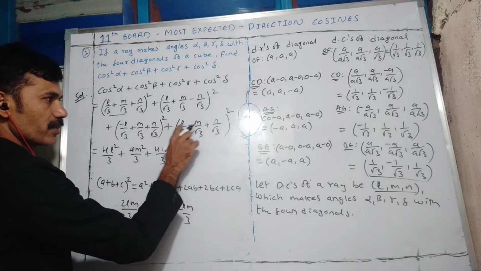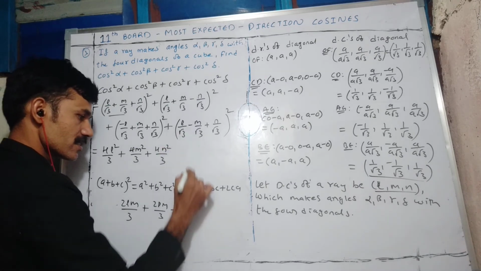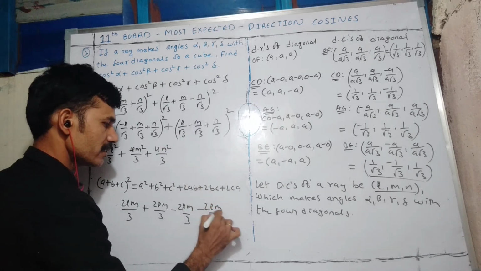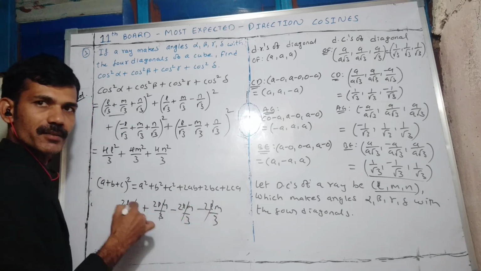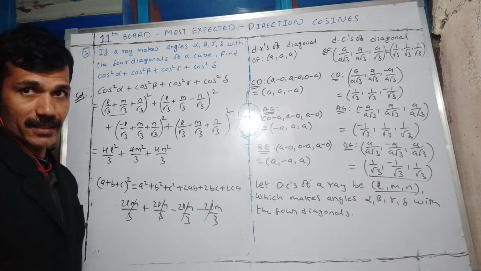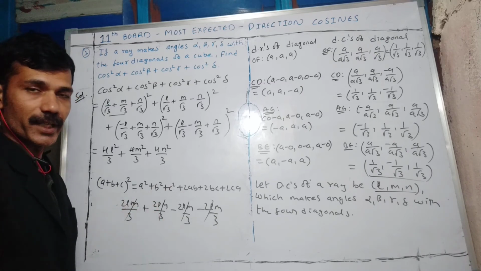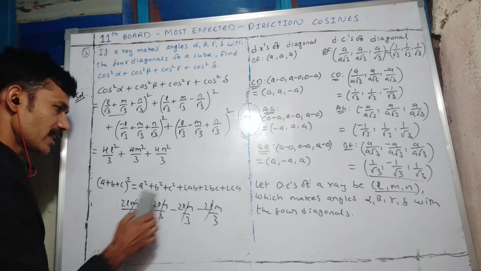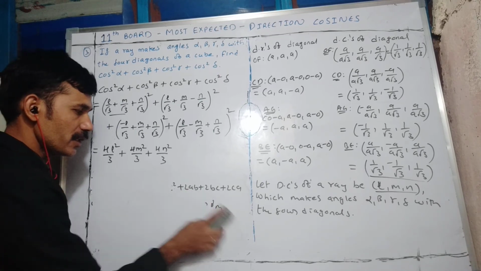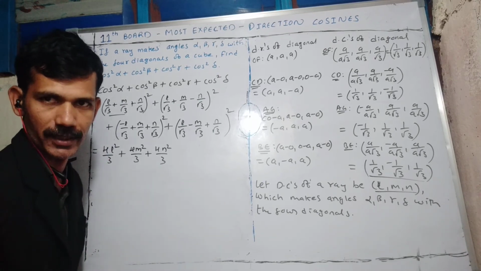Here plus 2AB means minus 2LM by 3 will get. So we can cancel, no? Similarly, all other terms will get cancelled. 2BC you will find, no? Same, it will happen like this only. And 2CA if you find, same, it will get cancelled like that. Finally, you will be left with these three terms only.